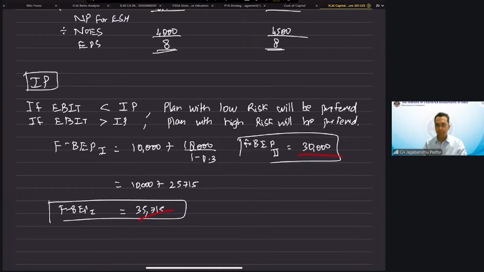So of both of them, we can see the second plan is having a financial break-even point of 30,000. So this is obviously having a low risk and this is having a high risk.